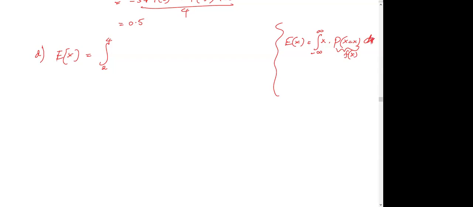So same here, 2 to 4, 3 over 4. Sorry, I'll write it in this particular order. It is x times 3 over 4, times your k, 1 minus x minus 3 to the power 2, dx. Once you simplify this, your expected value becomes 3.